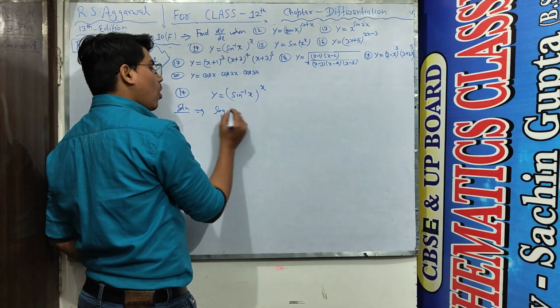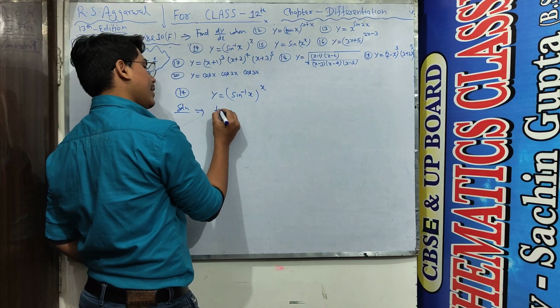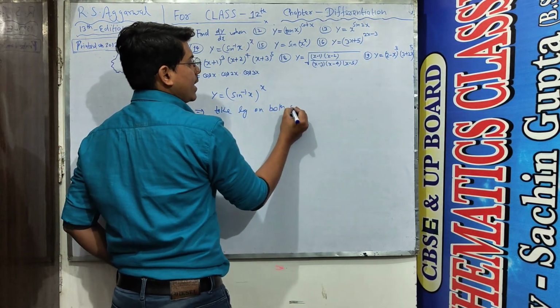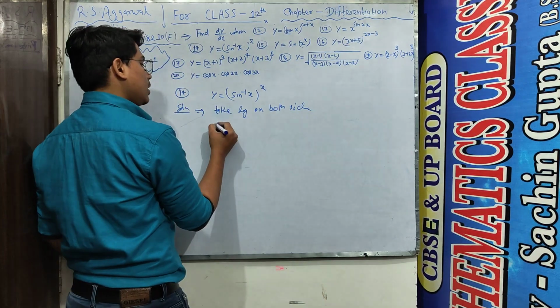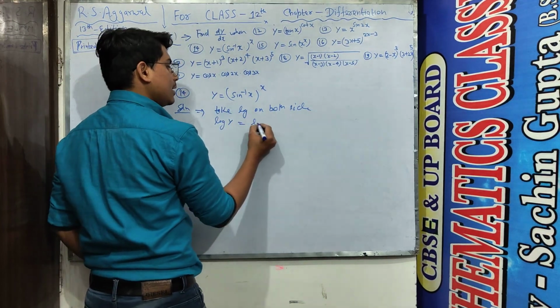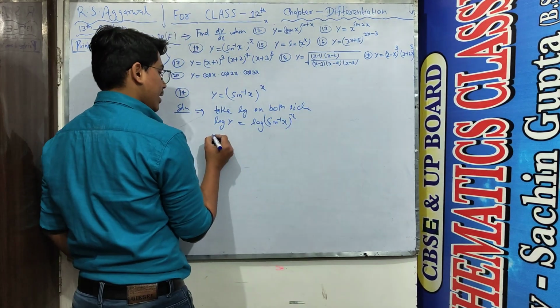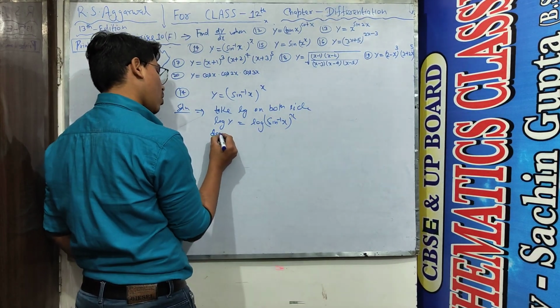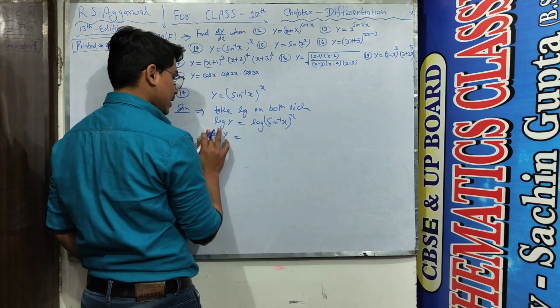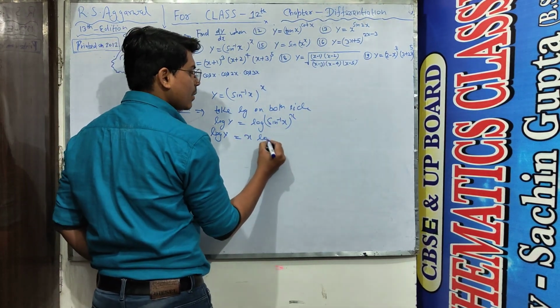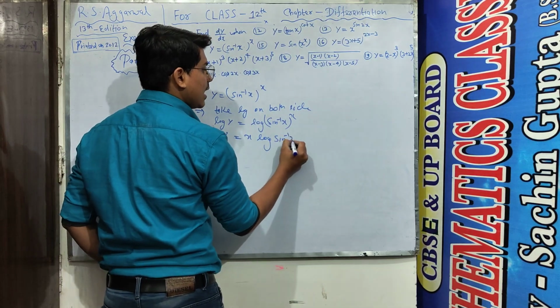Taking log on both sides, so it becomes log y, and this becomes log of (sine inverse x) whole power x, and I write log y as it is. This x comes in the multiplication, then it becomes x times log sine inverse x.